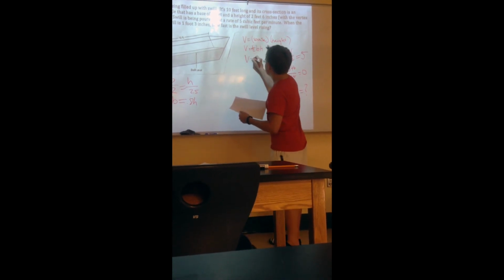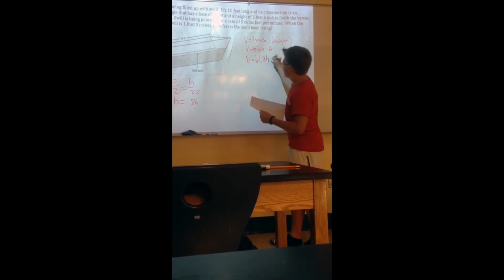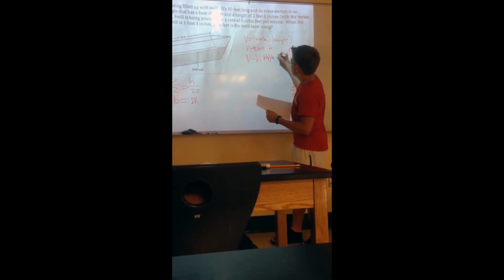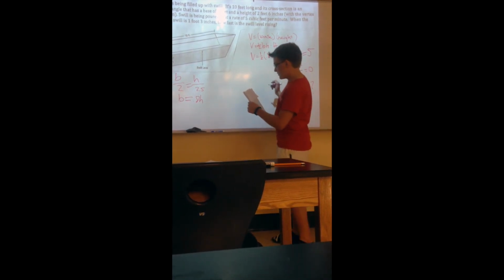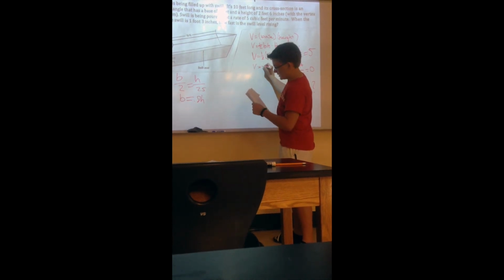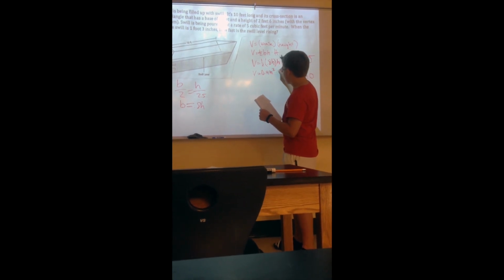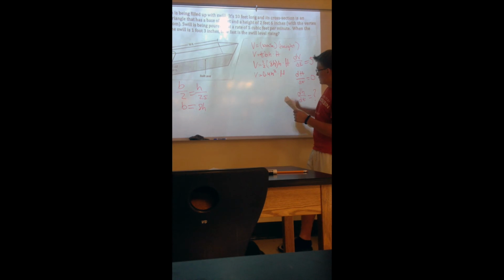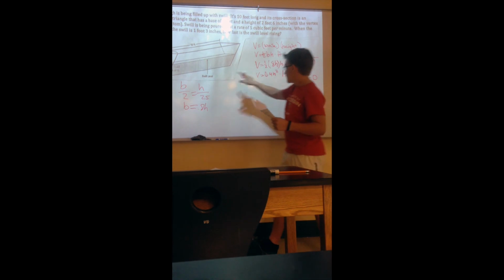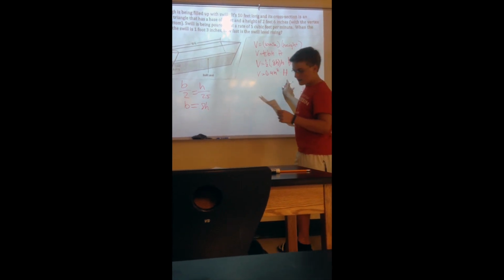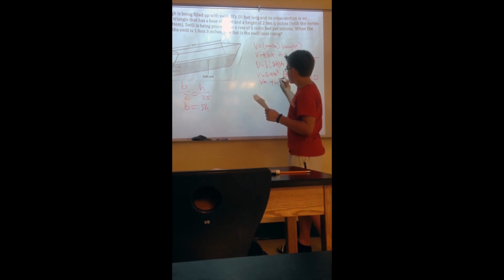We get V equals 1/2 times 0.8 h times h times the height of everything. And that simplifies to V equals 0.4 h squared times H. Because we know the height of the trough is 10 feet, we can plug 10 in for H, and we get V equals 4h squared.